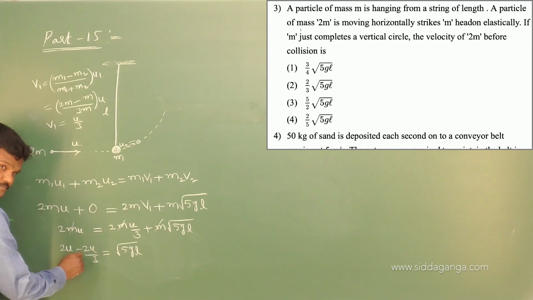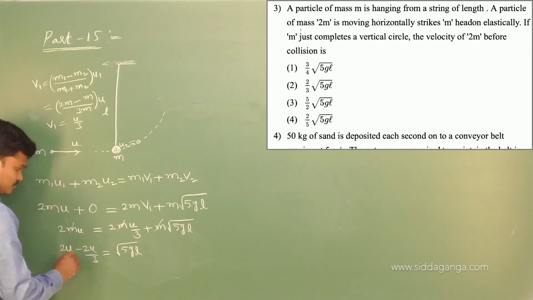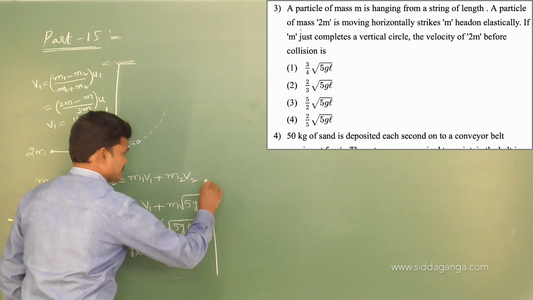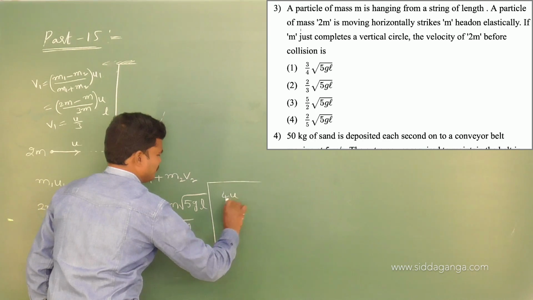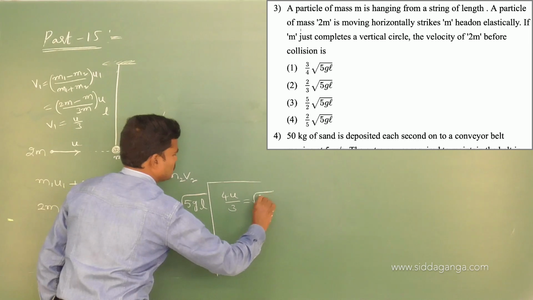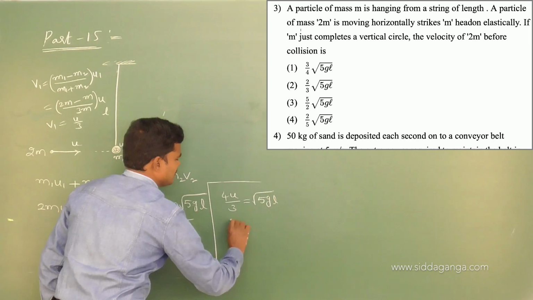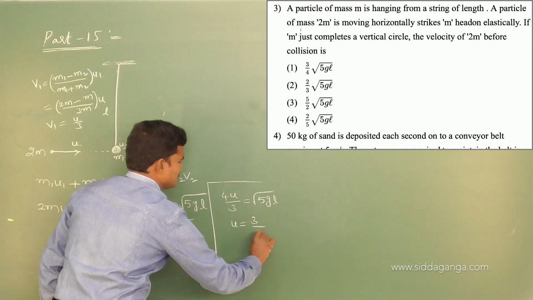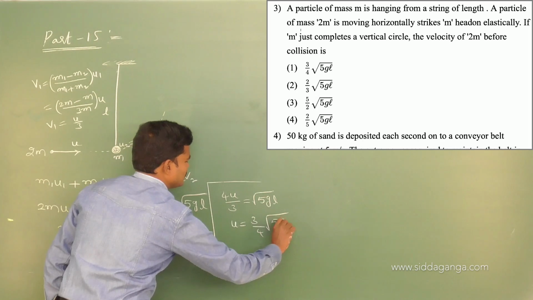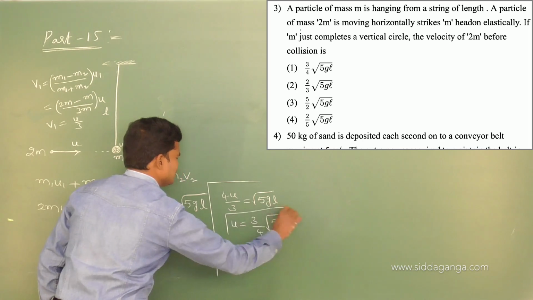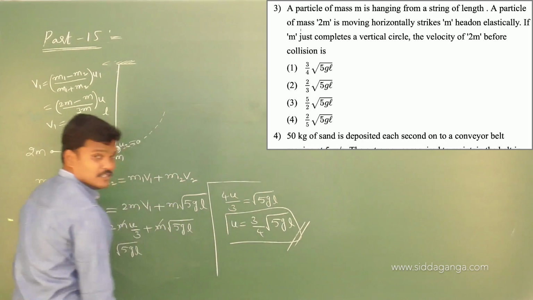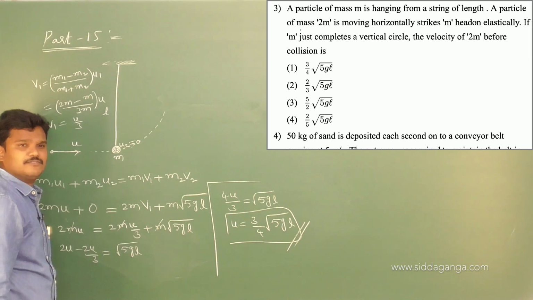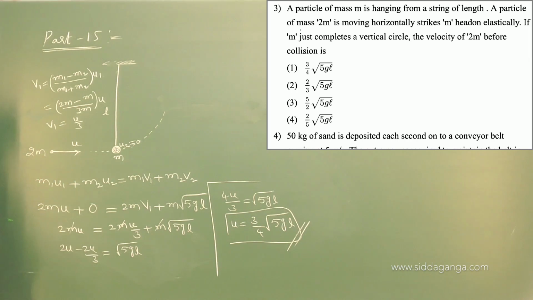This is 6 minus 2, 4, so 4u by 3 equals root 5 g L. So u is equal to 3 by 4 root 5 g L. Now tell me which one is correct. 3 by 4 of root 5 g L. So the first one is the correct option.